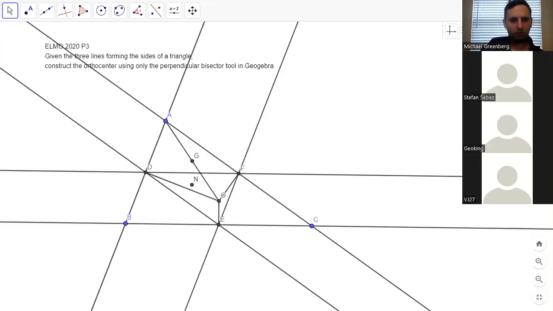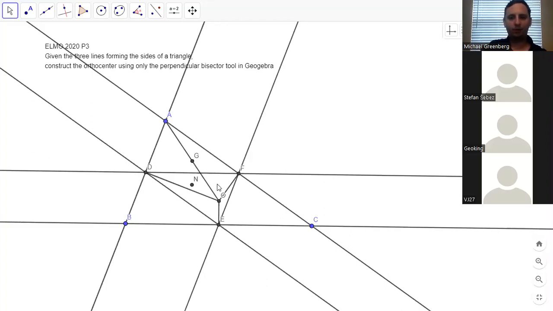Okay, I'm going to erase it. We could try drawing the, so G is the orthocenter of ADF. We could also draw the 9-point center of ADF. What if we drew like this?